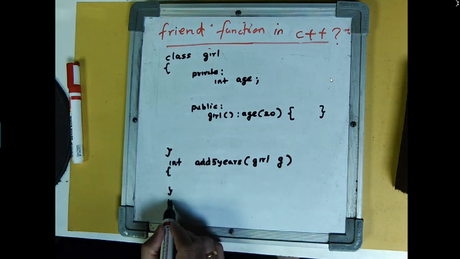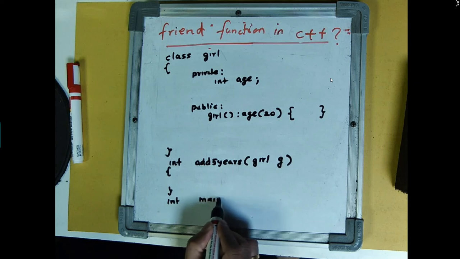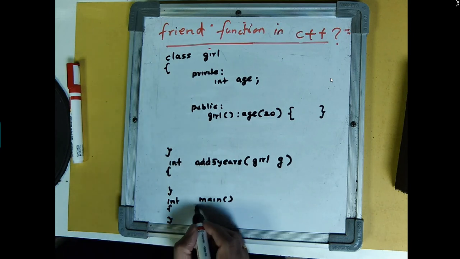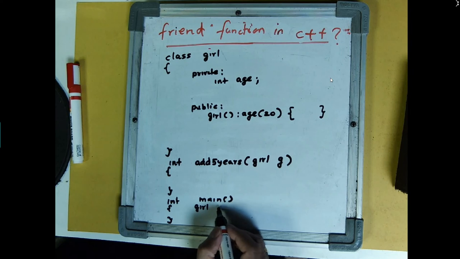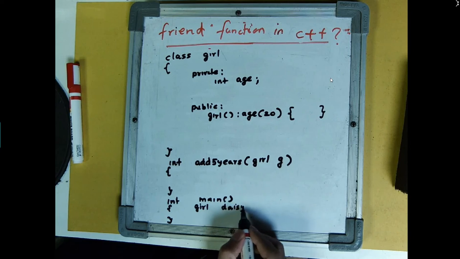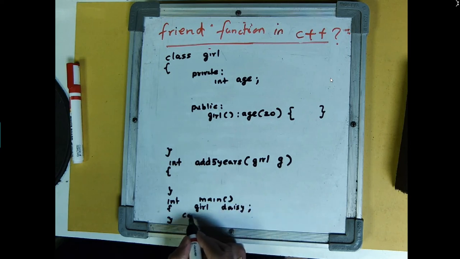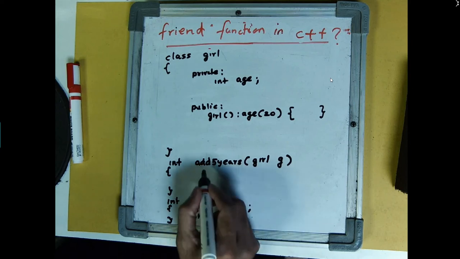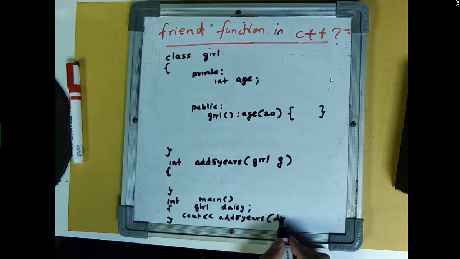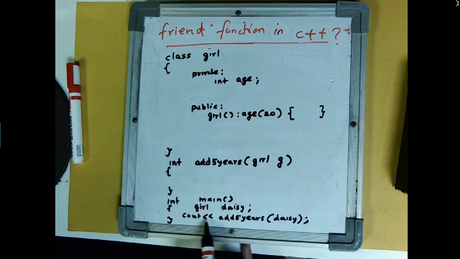So now you have a main function in which you are going to create an object called girl, let's say Daisy or something, and you are going to say cout, print the incremented value, that is add 5 years Daisy. So that means 25 is supposed to print after this function.